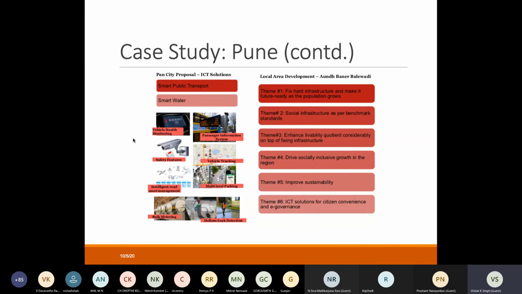this system incorporates and reflects the health of the motor car or the bus or the transportation vehicle which is being used. So it reflects the health of the entire system: the battery percentage, the condition of the braking system, and everything.